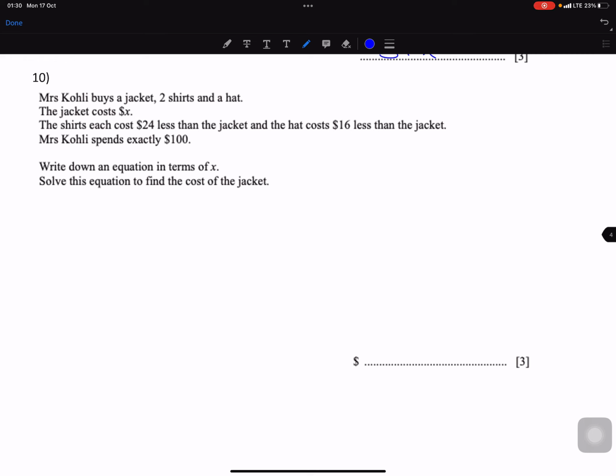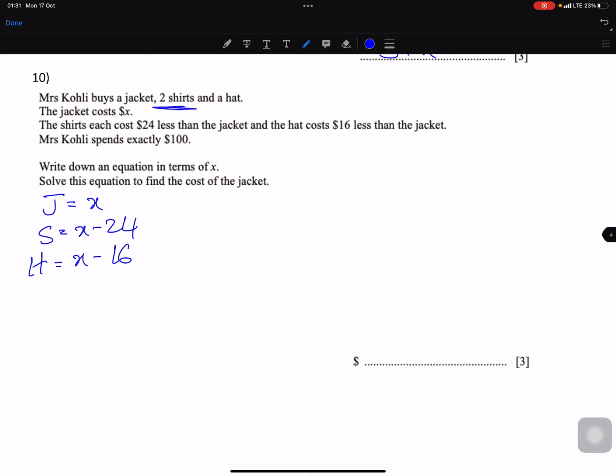Word equation, so the jacket is x, the shirt is 24 less than the jacket, so s is x minus 24 and the hat is x minus 16.